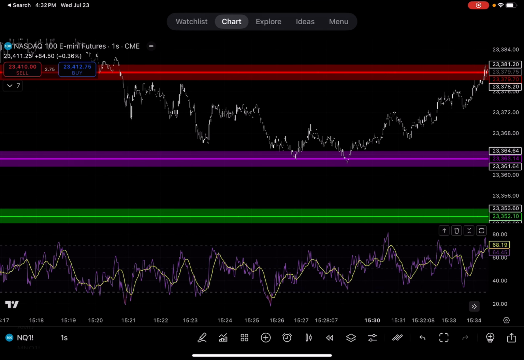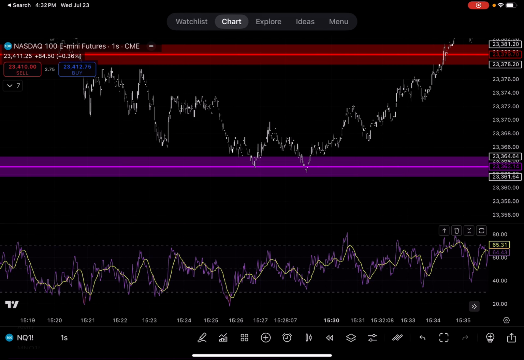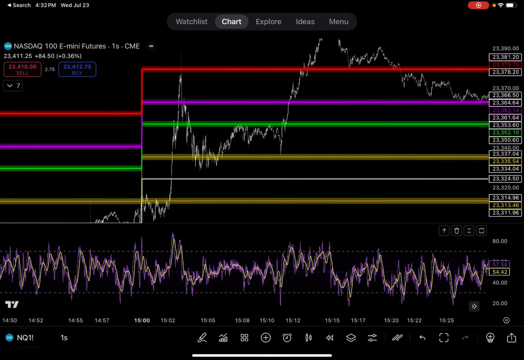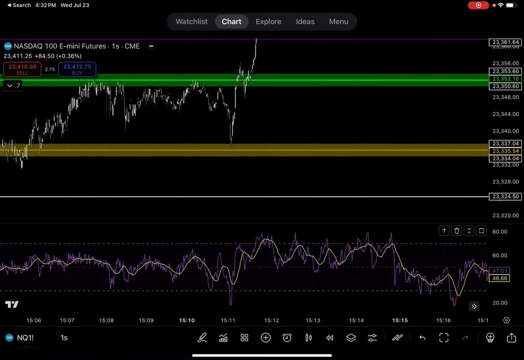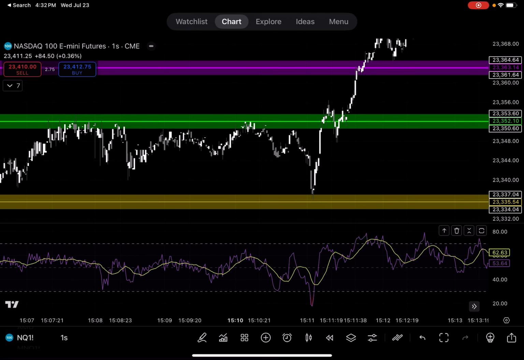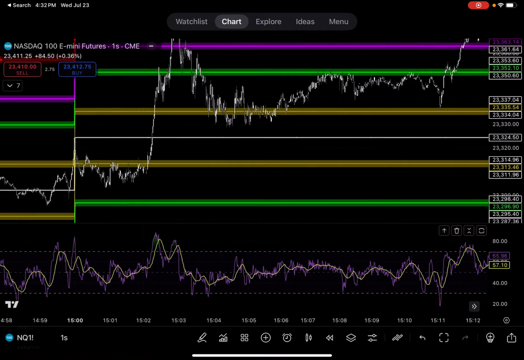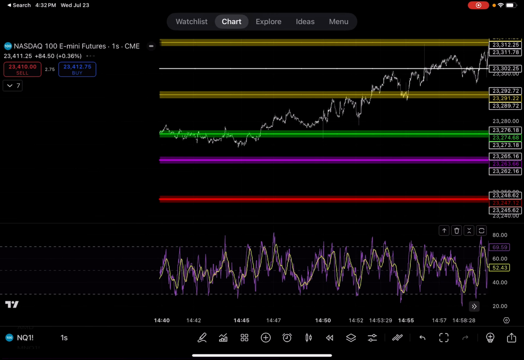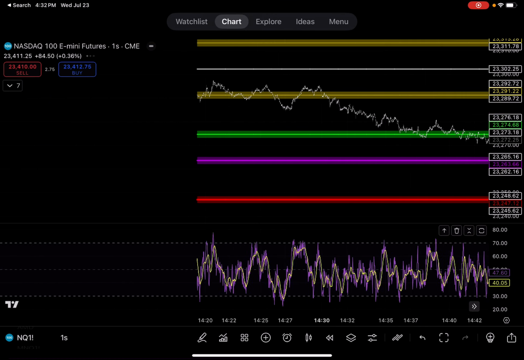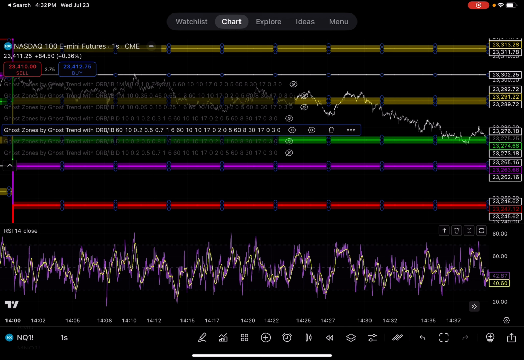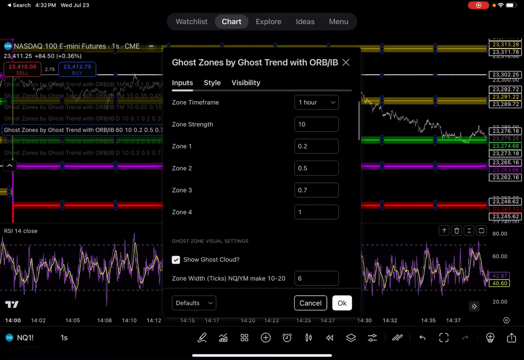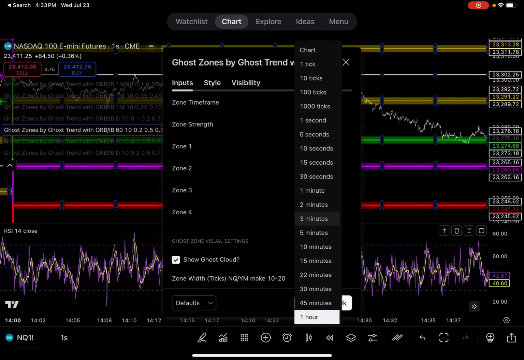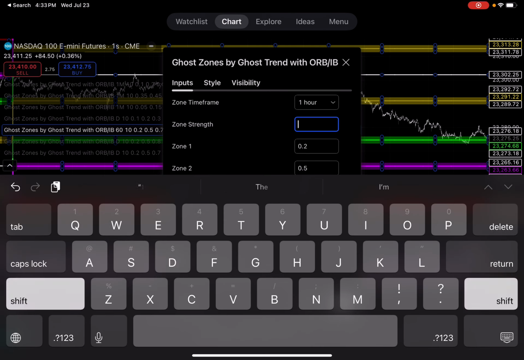I like to sometimes even do the 1 minute or 1 second. Watch change of structure. So like right here, touches that zone. You could even change the strength a little bit.